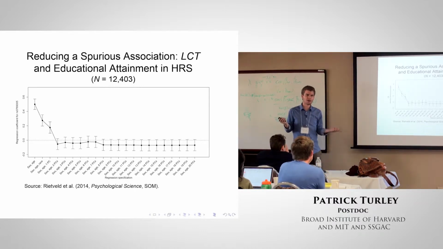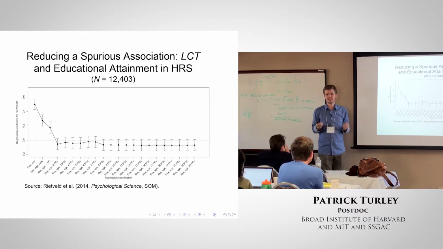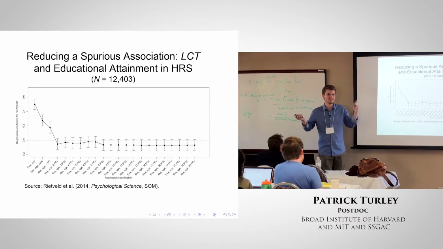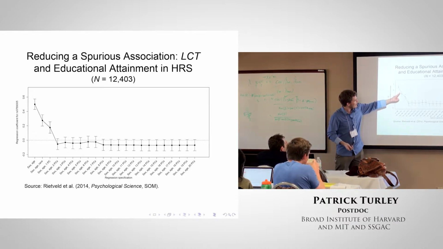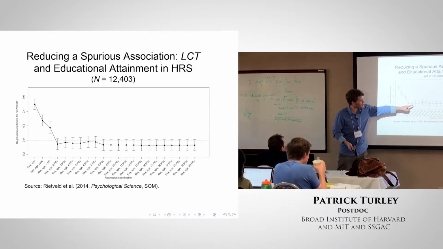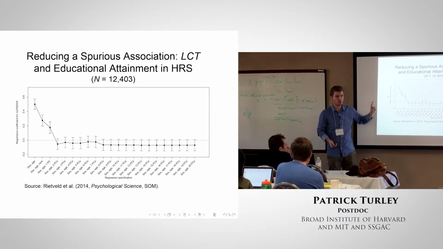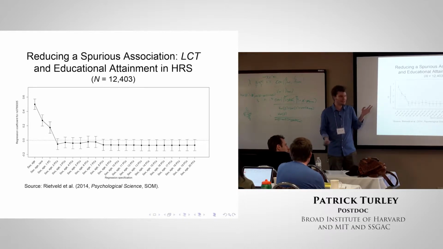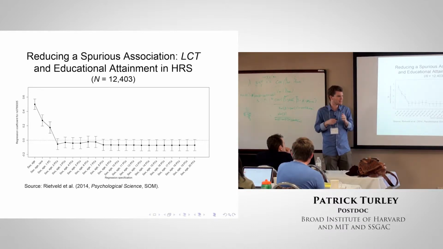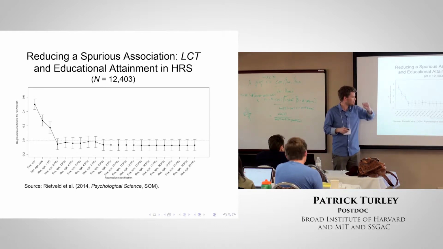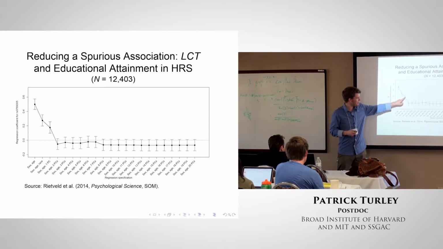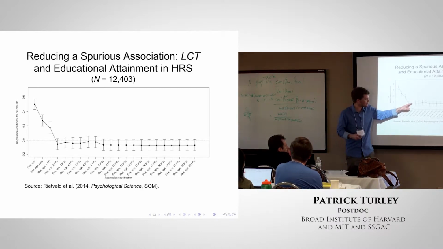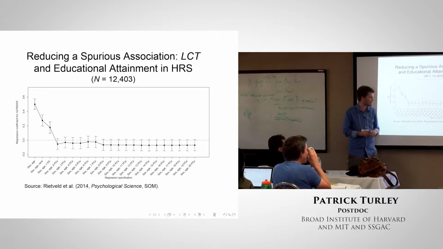Next you say, maybe race isn't enough. Patrick told me that race isn't sufficient, so let's add a PC just for funsies. Every additional point is what happens as you add one more PC at a time. One PC attenuates it a little bit, but it's still significant, and it's still probably much larger than we think it should be. By the time you add the second one, we're no longer significant, and as we add more, it's wiggling until you get up to 8.